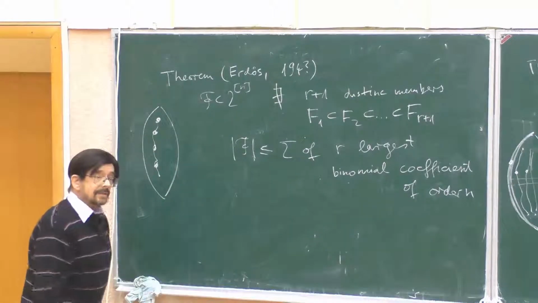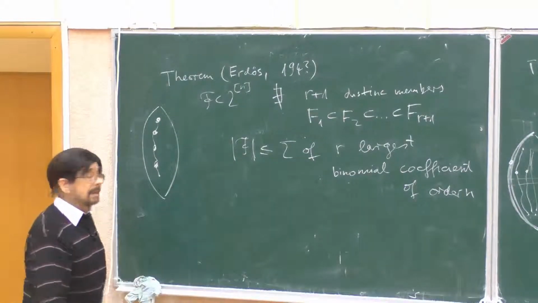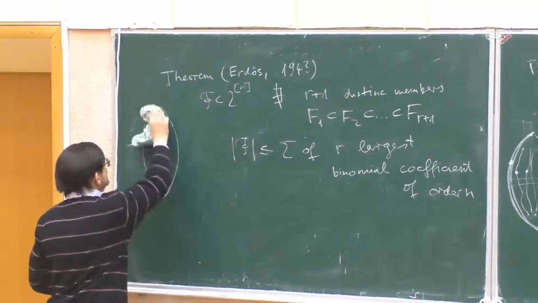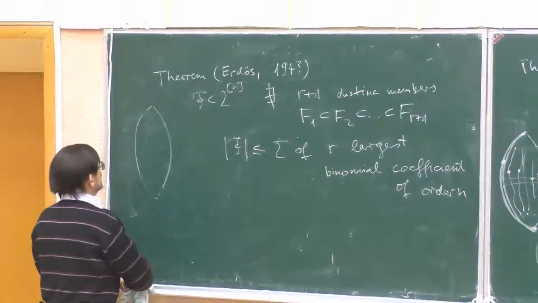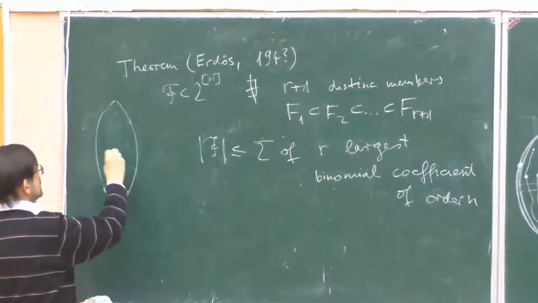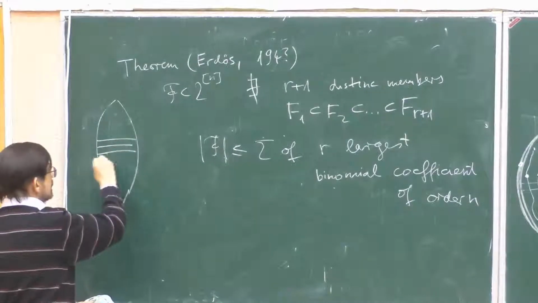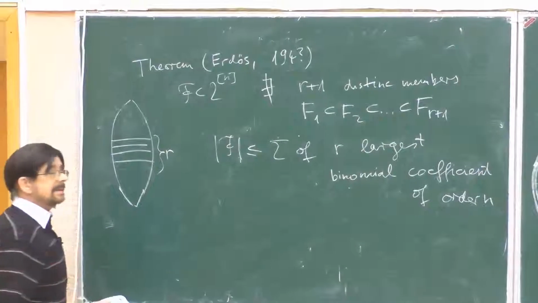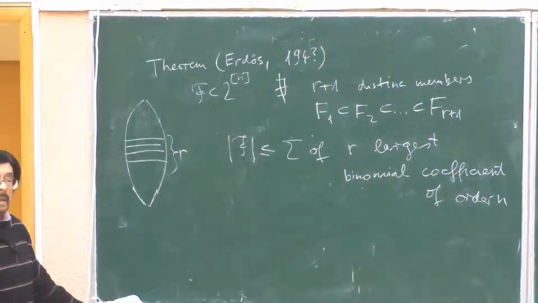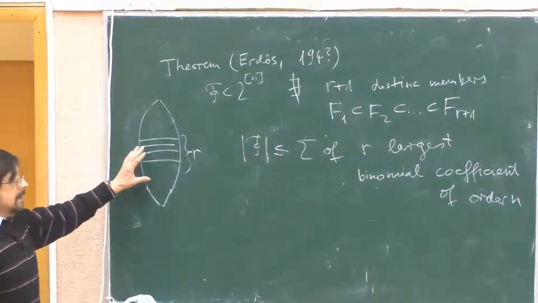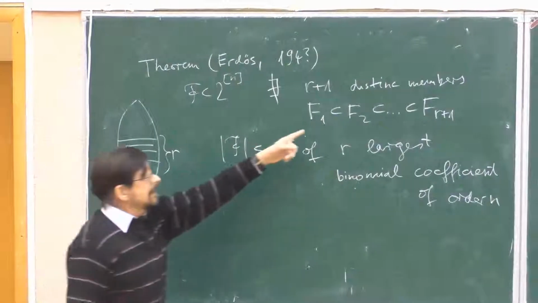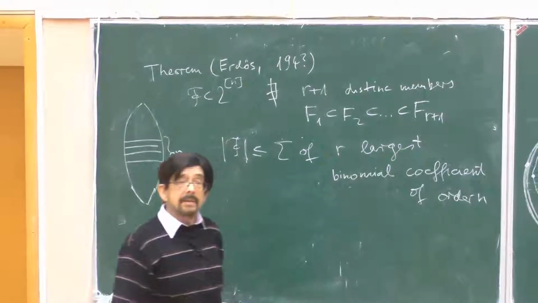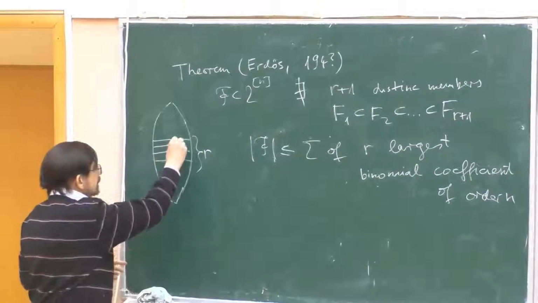So the construction, that this is sharp, it's clear again, because take r full levels, then you cannot have r plus 1 in this way, because we have only r.